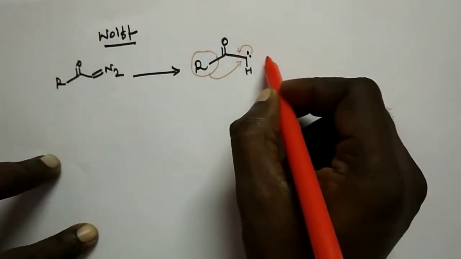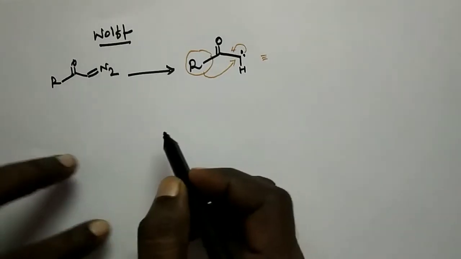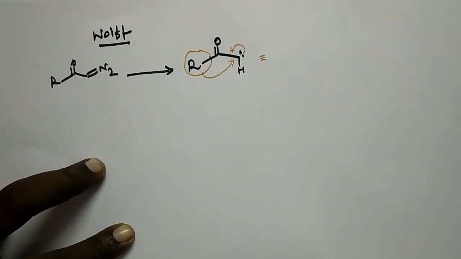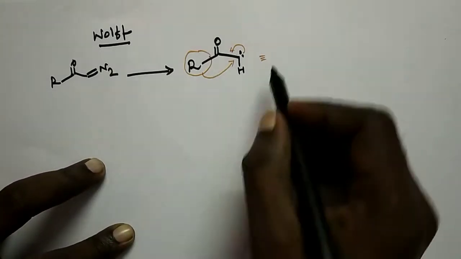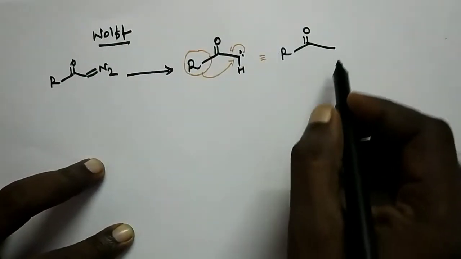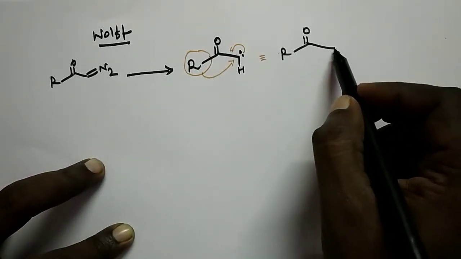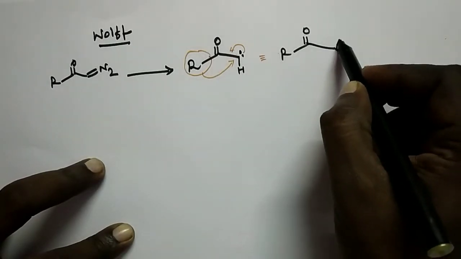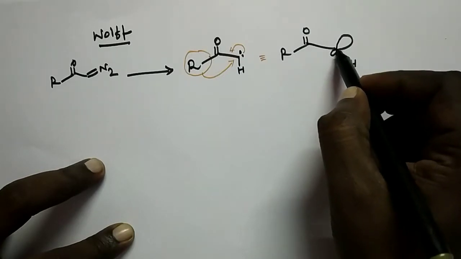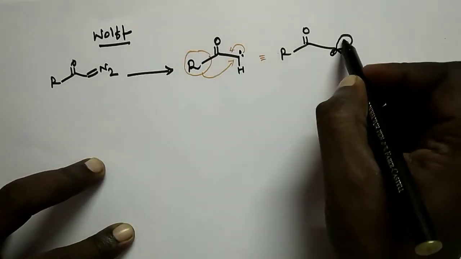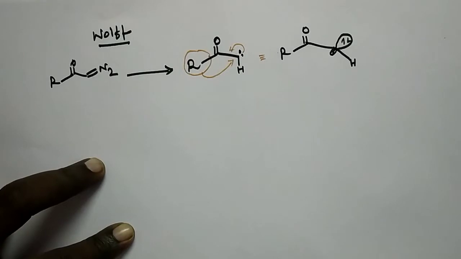See, for example, if you assume that this is a carbene, R, this is hydrogen, there is olefin, there is double bond, and there are 2 electrons.